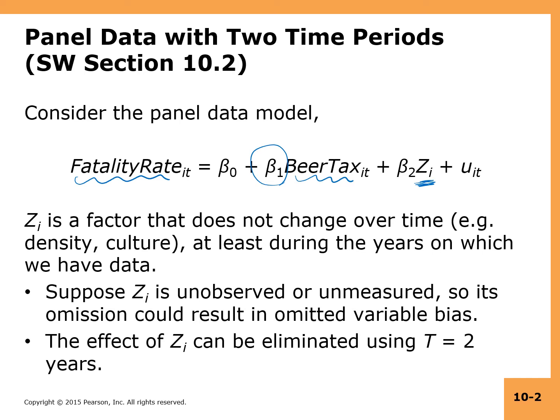So one of the ways that you can remove this omitted variable is using the differences. And this works when you only have a time period of 2. So we'll look at this more closely.